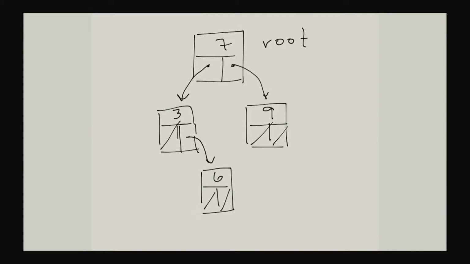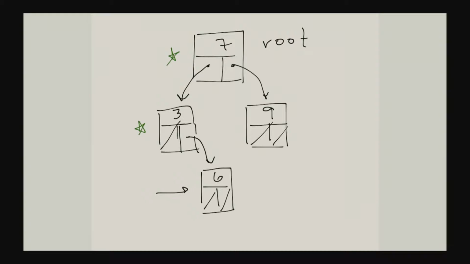We also have terms to talk about grandparents and grandchildren, and more generally, we talk about the ancestors and descendants of a particular node. So the ancestors of a node are all of the nodes that lie on the path from the root to that node. So for example, if I'm looking at the node 6, then the ancestors are going to be both 3 and 7.